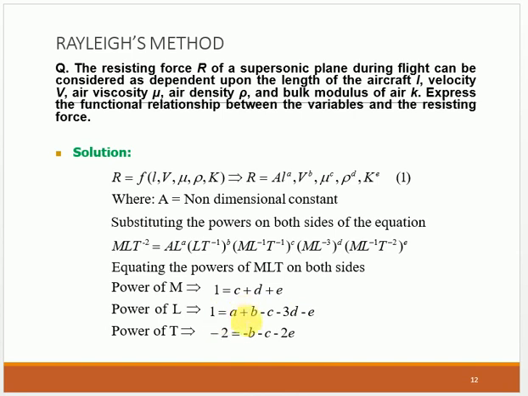So 1 will be equal to a plus b minus c minus 3d minus e. These are the powers of L.